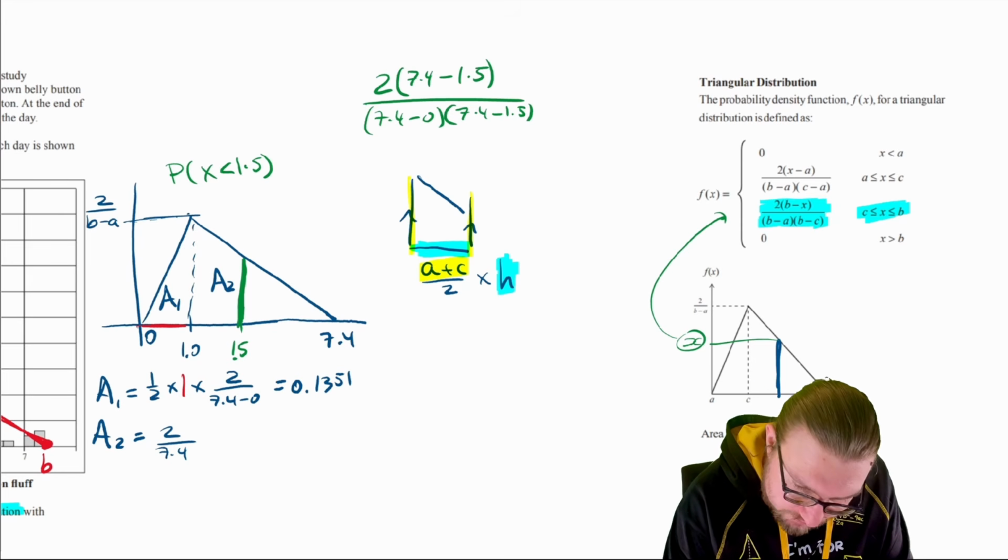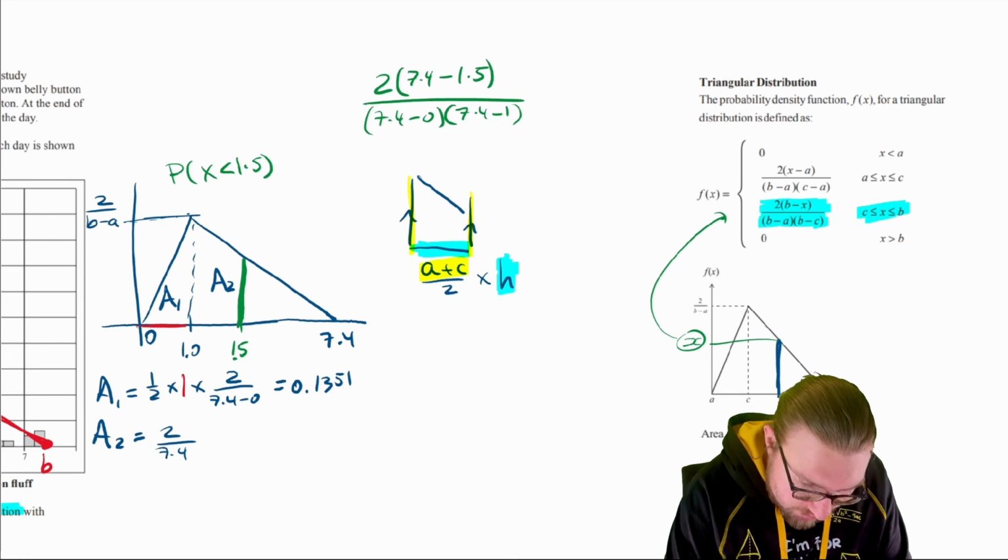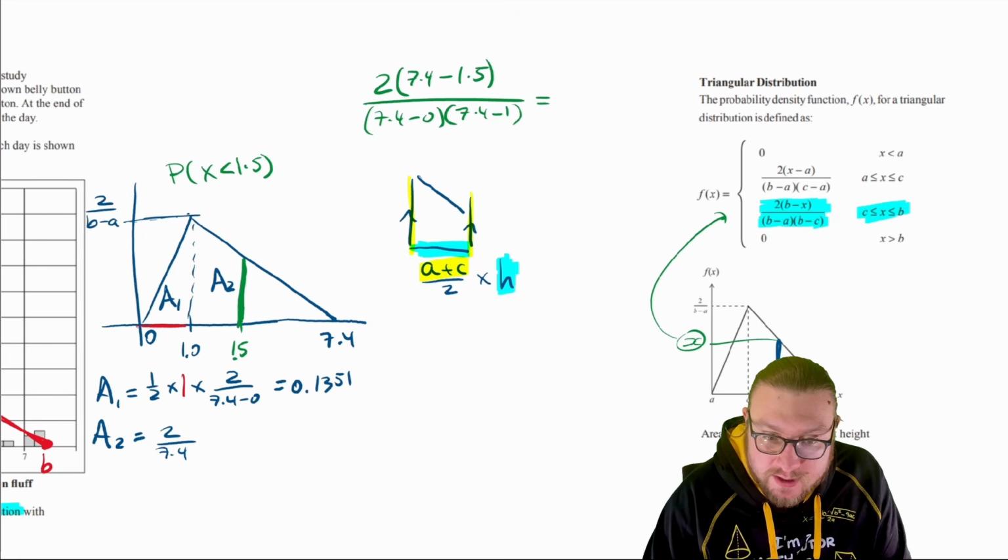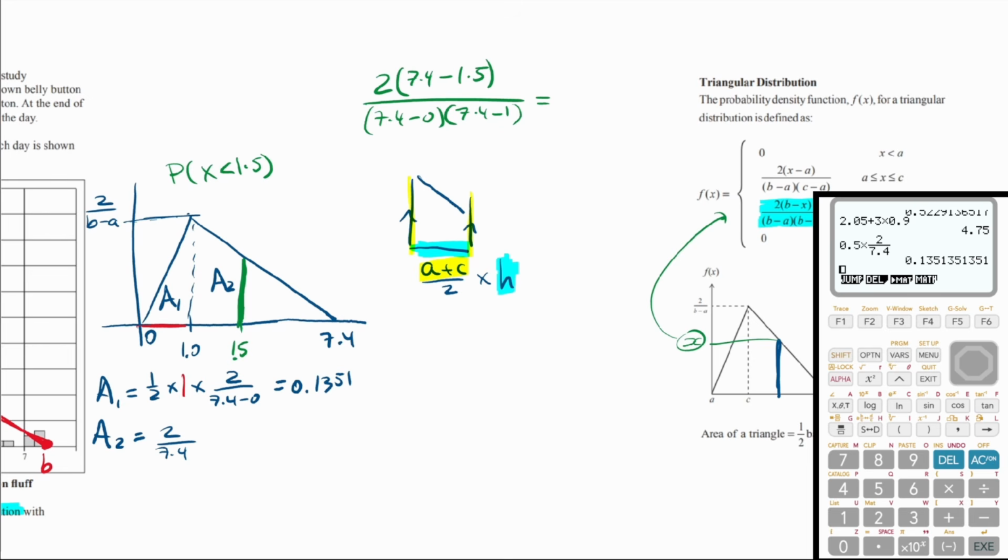Sorry, minus 1. Gosh, what is going on today? Sorry guys. So how do we put that in the calculator? Check what we get for our number. So we have a fraction. Fraction. We have 2 times, and then open bracket 7.4 minus 1.5.